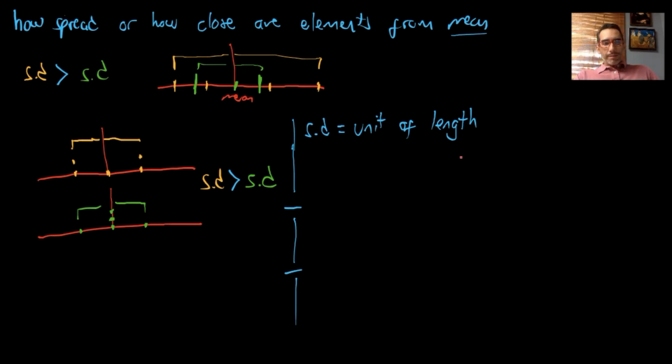Let's say that we have this drawing here, right? Let's say that the mean is 10, and they tell us that the standard deviation of this list will be 3, okay?